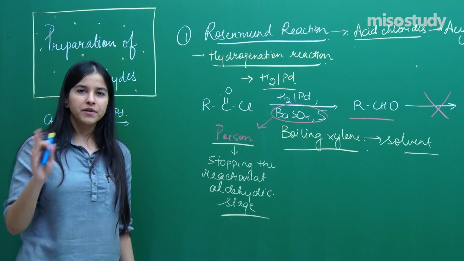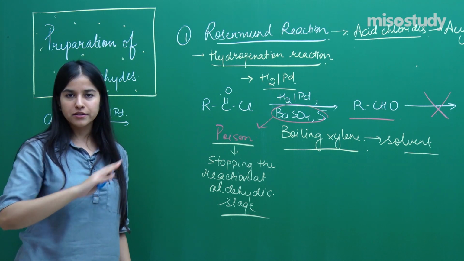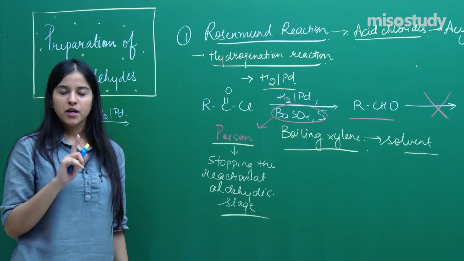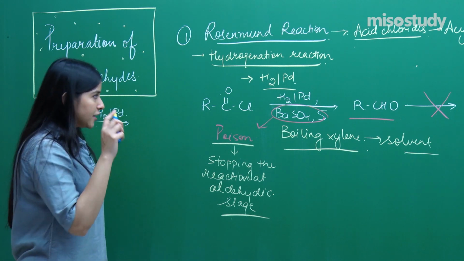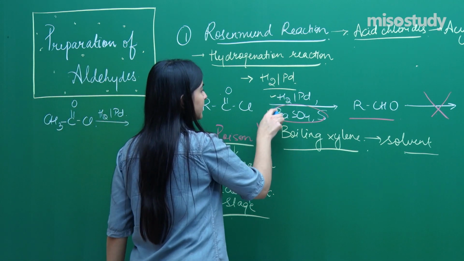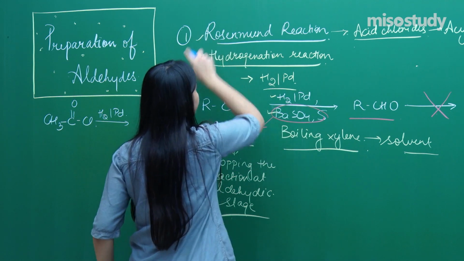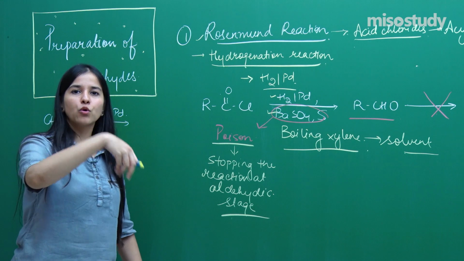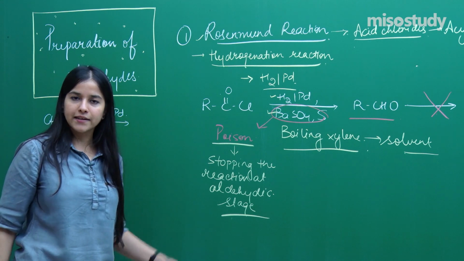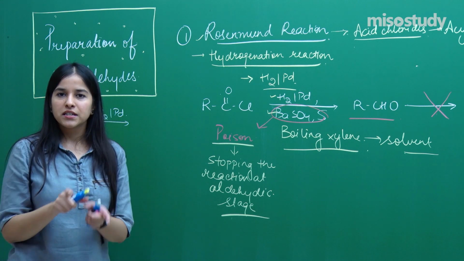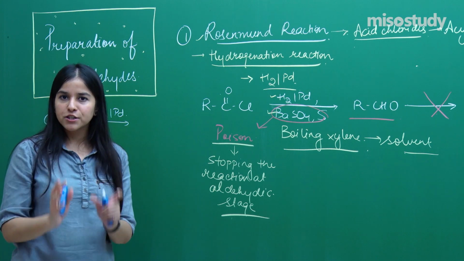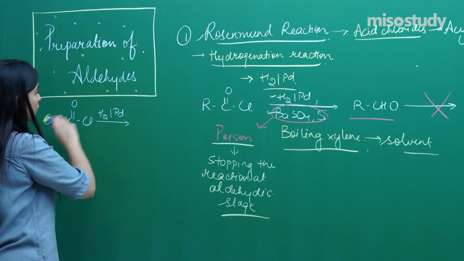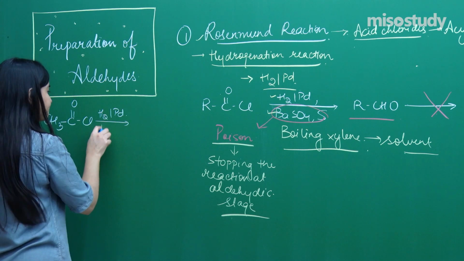If you do not mention BaSO4 and sulfur, the reaction is incomplete and you will not get marks at all, because these reagents are very important and that is why it is known as the Rosenmund reaction, right. So I cannot just take up only one reagent and perform it. I need the complete set of reagents, the complete process.